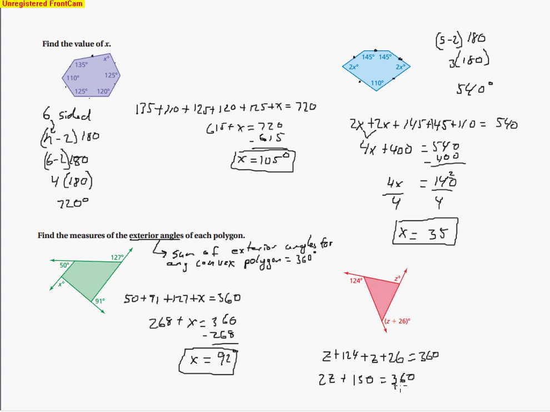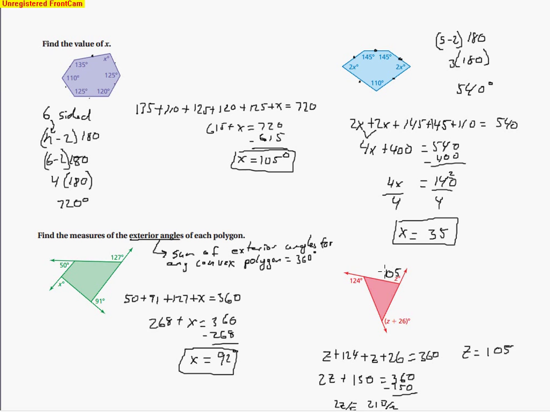When we subtract that 150 from both sides, we end up with 2z equals 210. So you divide by 2, and z goes in there 105 times. So 105 is what z is, but they wanted all of the angles.